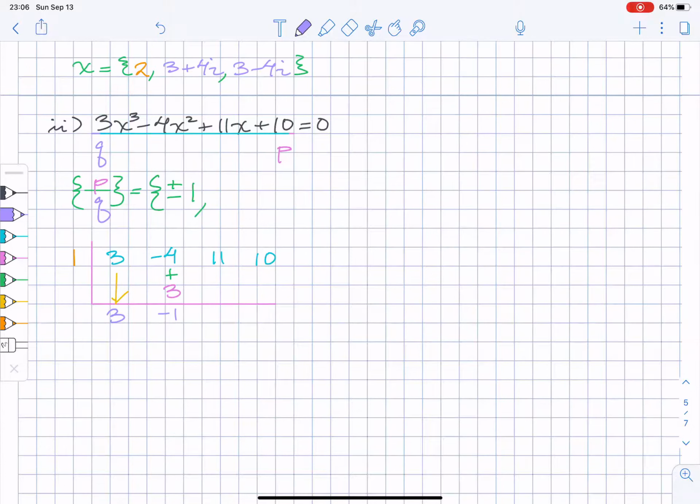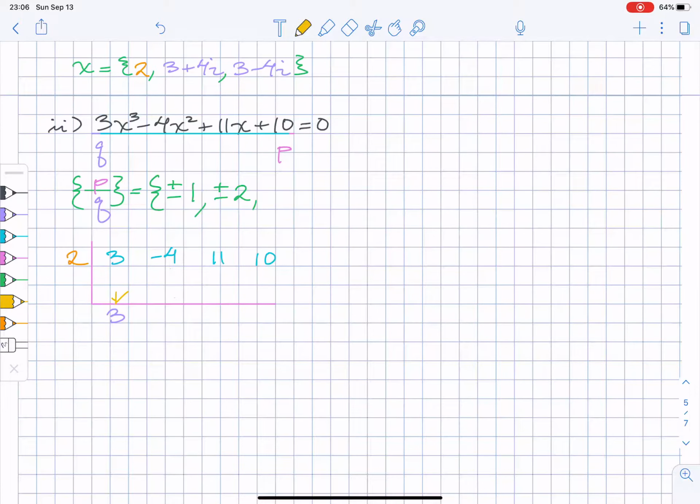Let's try negative 1 instead of positive 1. Would that work? Well, that would give us negative 3, and this would sum to negative 7. Nope, that's not going to work either. Okay, well, we tried. My next guy is going to be plus or minus 2. So let's try that one.